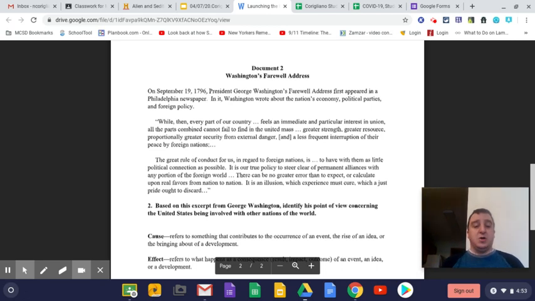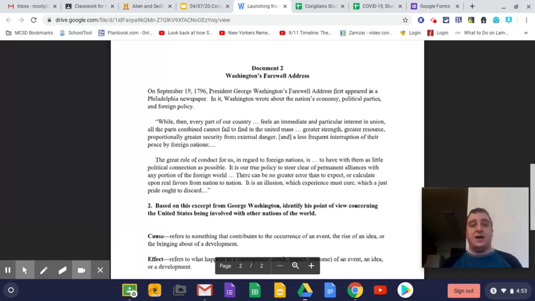So in question number 2, it says, based on this excerpt from George Washington, identify his point of view concerning the United States being involved with other nations of the world. It's very clear in this document that he is saying that the United States should really not be involved a whole lot with foreign nations, or politically, the United States should not rely on foreign nations.